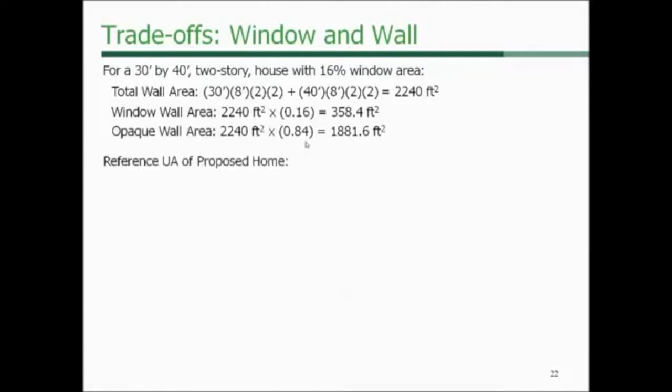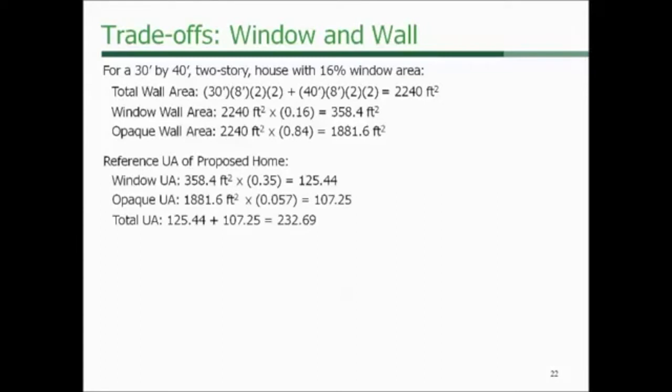Okay, so this is the reference UA. This is right out of the table. This basically is how much UA can I use. So we get that window area times the 0.35, which is from the table, saying, look, this is the maximum you could use, which is 125.